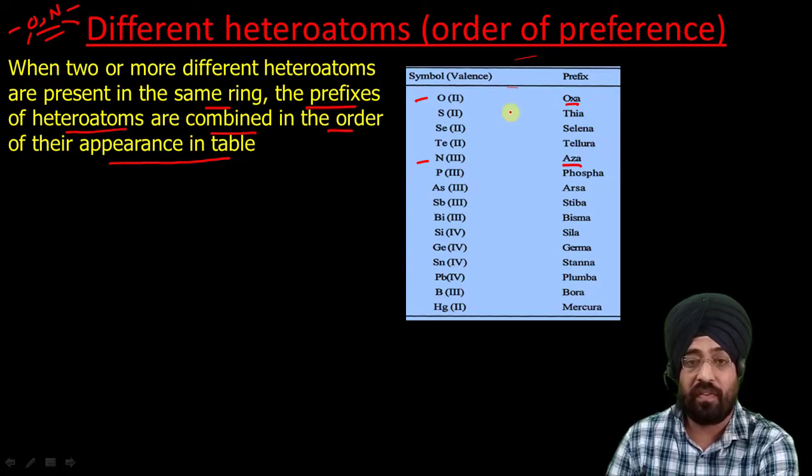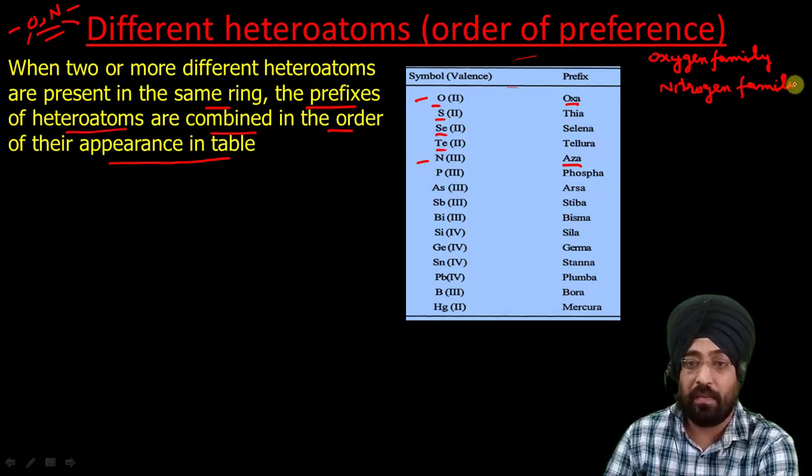It seems confusing but it is quite easy. If we analyze this table, the first preference goes to the oxygen family. If we have any atom from the oxygen family, it gets the highest preference. So you can see oxygen has higher preference than sulfur, then selenium, then tellurium, then it goes to the nitrogen family.